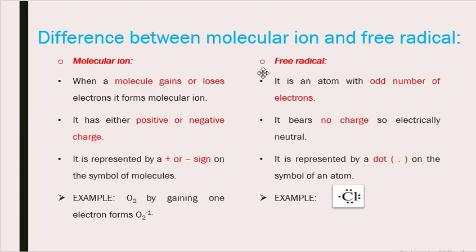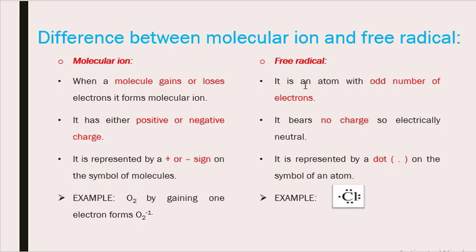Difference between molecular ion and free radical. How a molecular ion is different from free radical. Molecular ion, clear from its name that it is an ion, so will be carrying a charge, and it is formed from molecules when they gain or lose electrons.